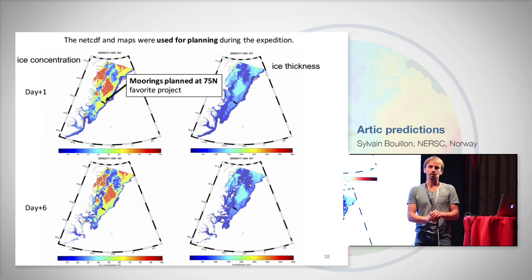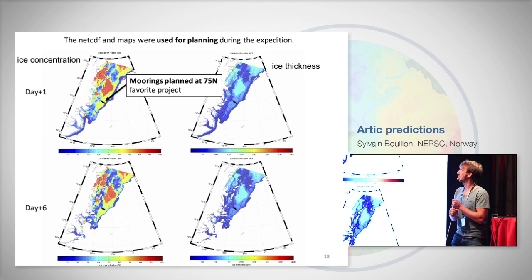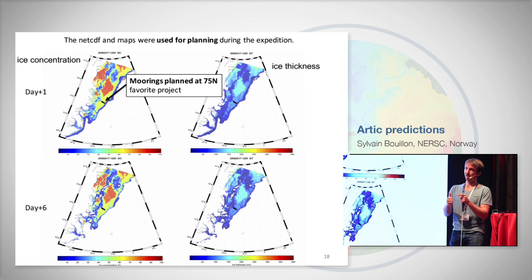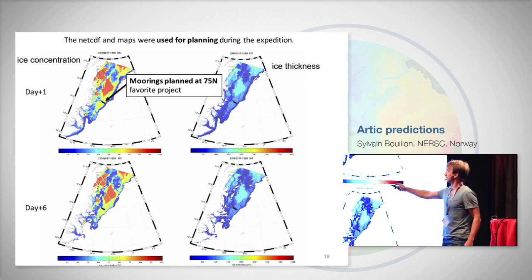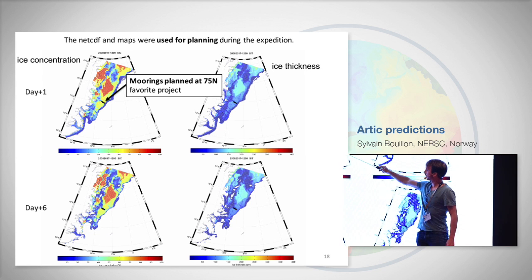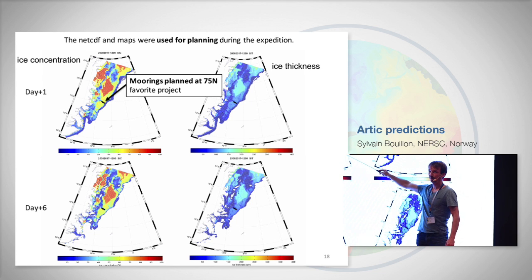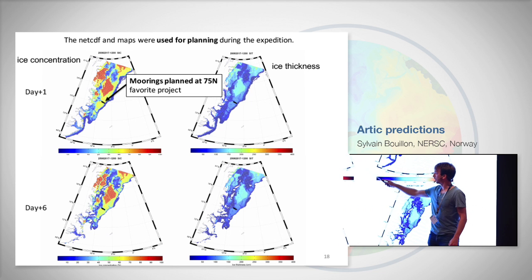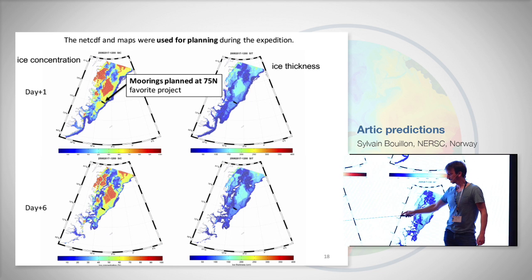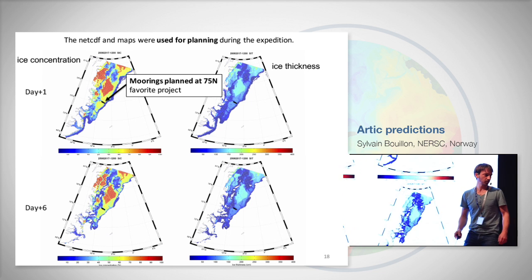So they used the data, the NetCDF files and the maps for planning. So they saw that at the beginning of the mission, there was highly concentrated ice at the location they wanted to go, and the forecast said that there would still be ice at that location 1 week after.